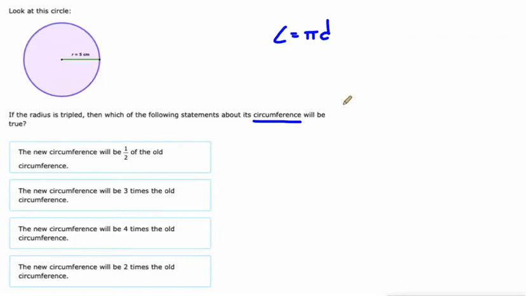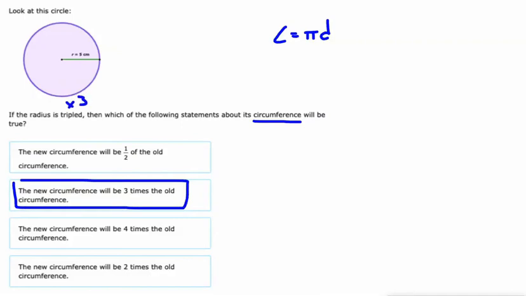So if you triple the radius from 5 to 15, that's going to make the diameter go from 10 to 30. Well, it's not going to do anything but triple the circumference. So it's going to be 3 times the old. Tripled means multiplied by 3. All right.